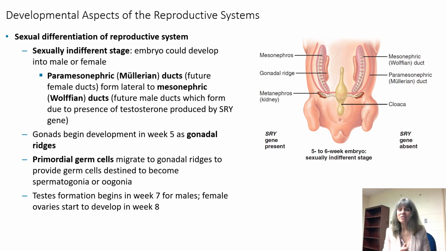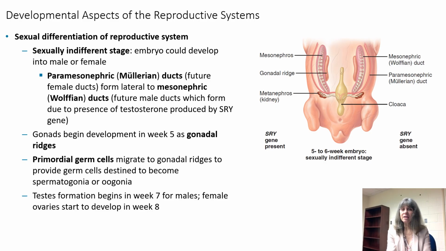So by the 5th to 6th week, the embryo is still sexually indifferent. And at this point, we actually see the beginnings of a future male or a future female. If we look carefully at this picture, you'll notice that there are paramesonephric or Mullerian ducts, and they're located laterally to the mesonephric or Wolffian ducts.